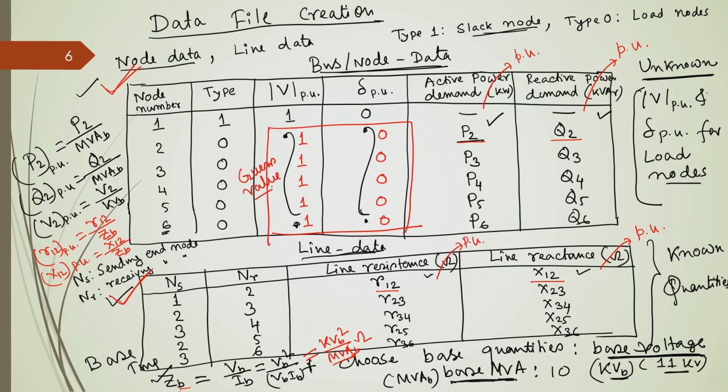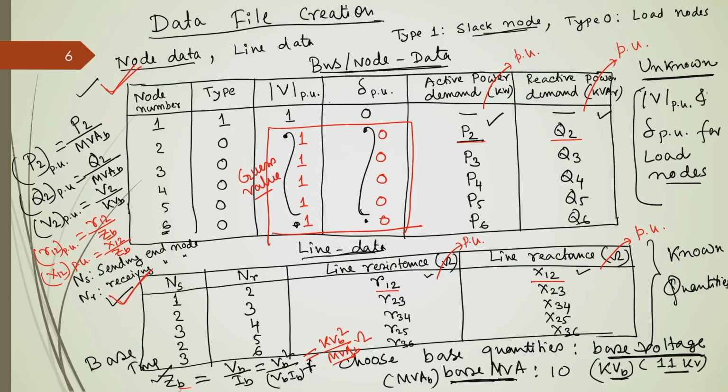Or initial value. Okay. So, we assume that all these voltages, initial means at iteration 1, because when some quantities are unknown, if we cannot determine them directly, then we will determine them indirectly, and that indirect determination is an iterative determination. Okay.